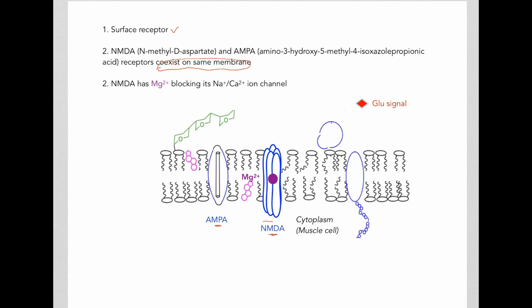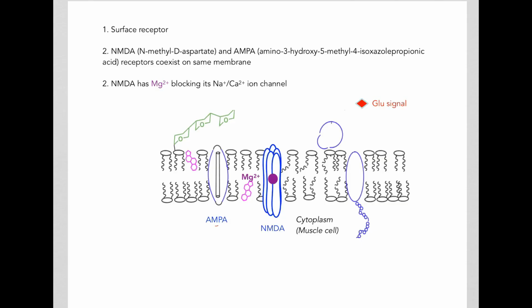So wherever there is an NMDA on the membrane, there is also going to be the AMPA receptor on the membrane. NMDA stands for N-methyl D-aspartate, and AMPA stands for amino 3-hydroxyl 5-methyl isoxazolepropionic acid. And these two receptors, as mentioned, coexist on the same membrane.